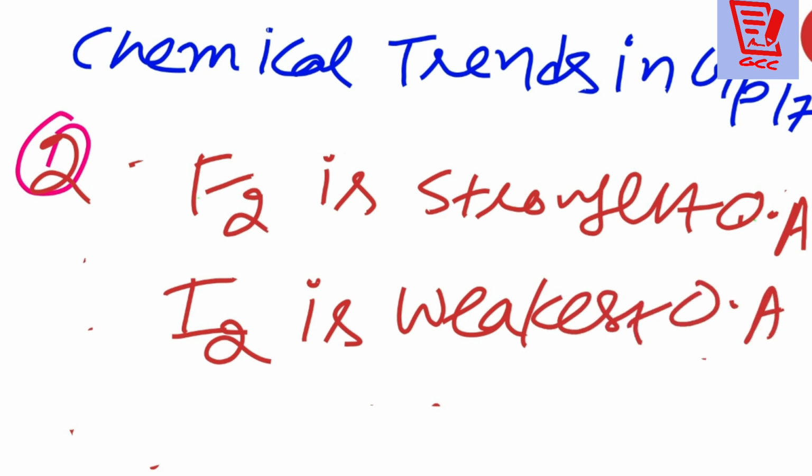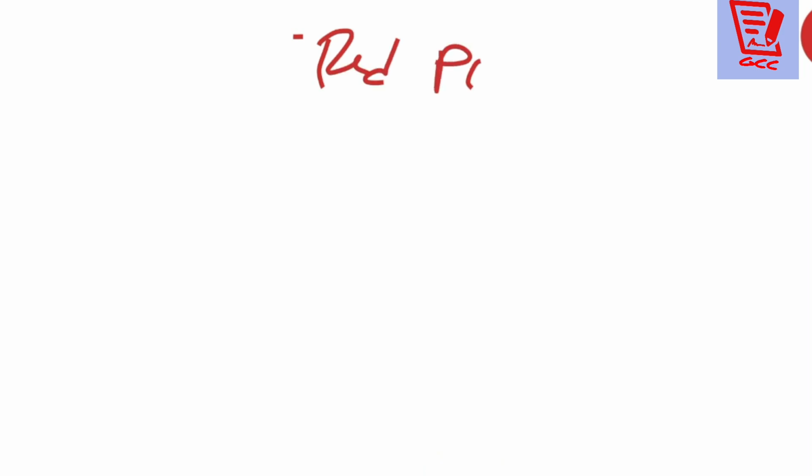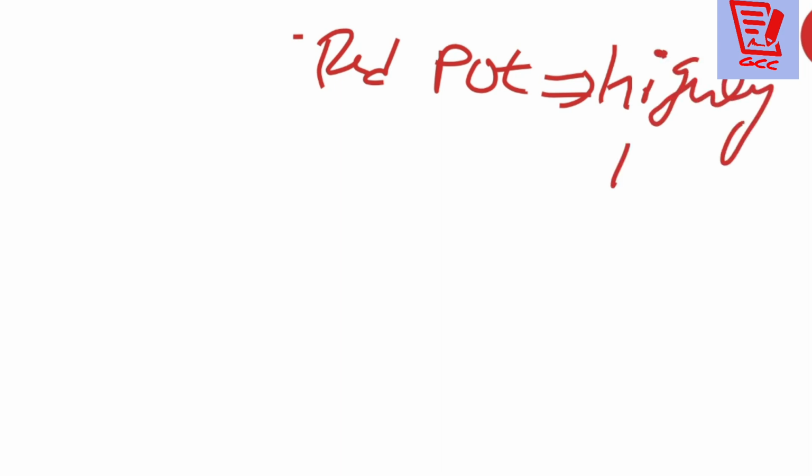Now what is the reason behind it? We can simply give the reason on the basis of reduction potential values. We have studied this in electrochemistry also, beta. Whenever we talk about reduction potential values, if the reduction potential value is highly positive, then there will be reduction.